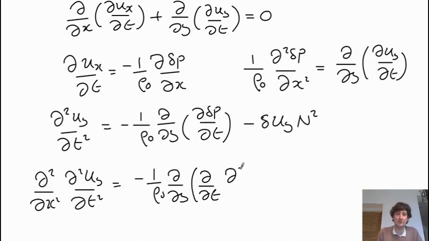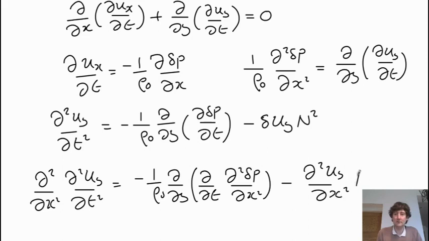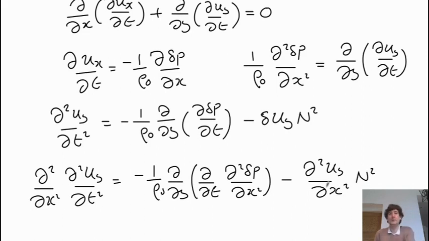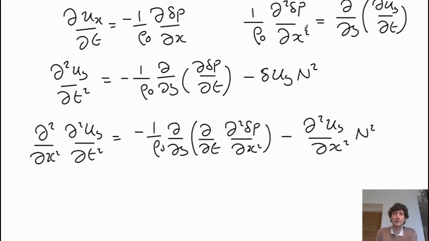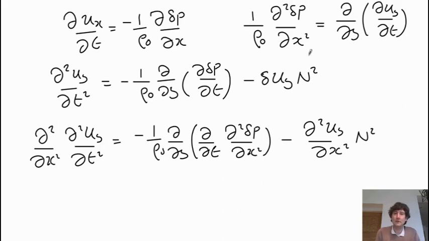So this is d2 delta p by dx squared, which of course we can now substitute into here. Minus, as before, d2 uy by dx squared times n squared. Okay, so this now gives us essentially a way of substituting this expression here.